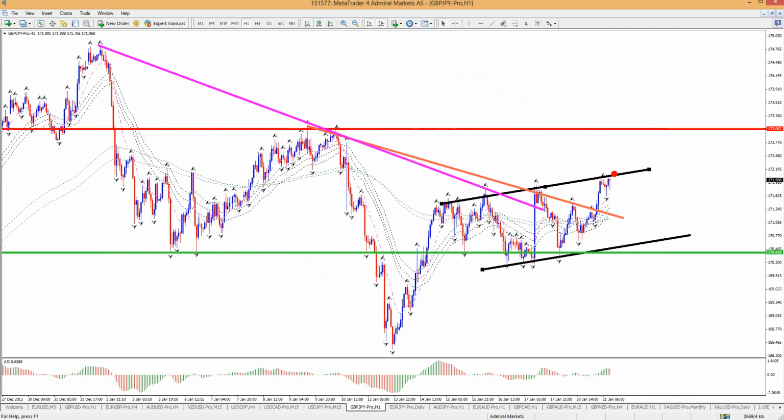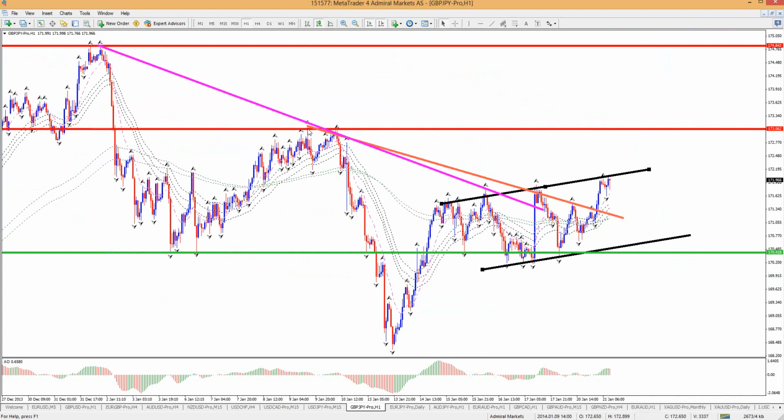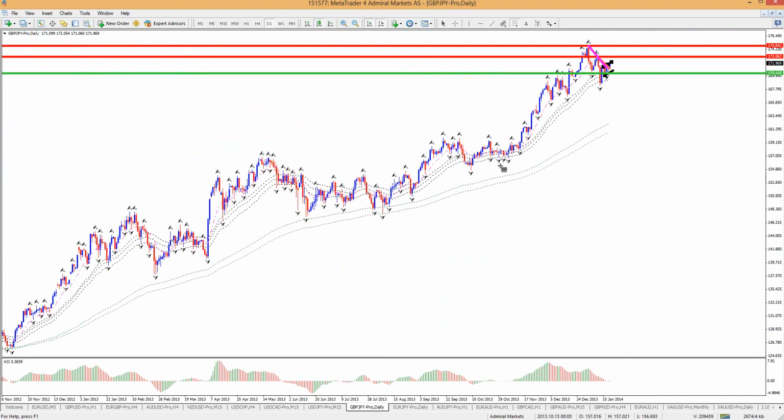If we do break out of that black channel, there is a potential to move up to red. If we break above red, there's a potential to move up to the next red there. If we break above that, then we're probably going to continue to the target.